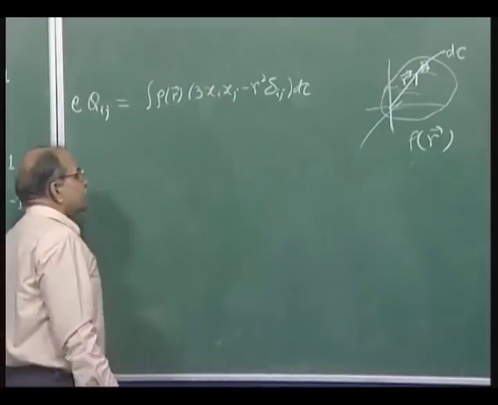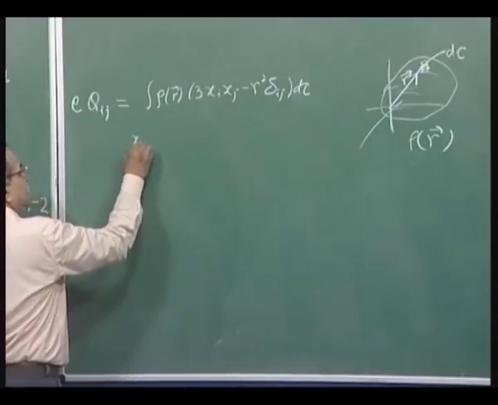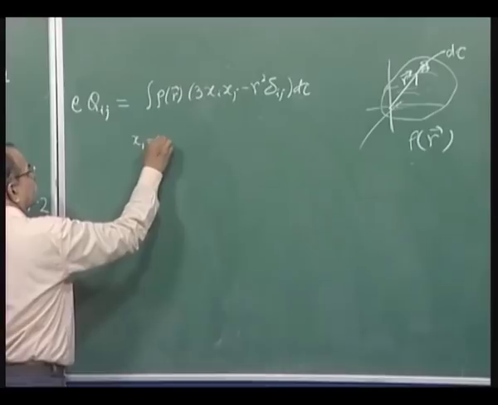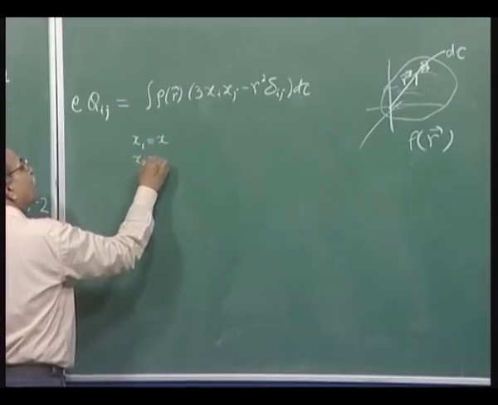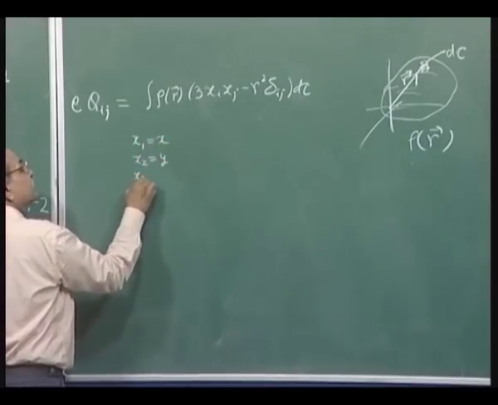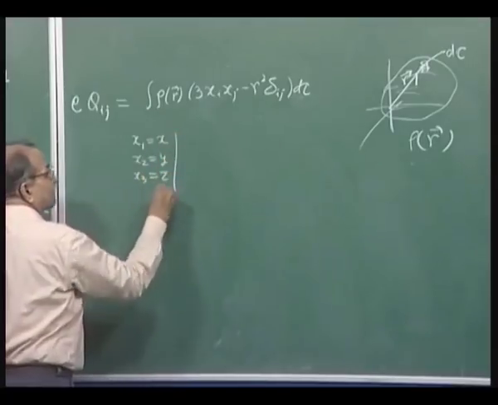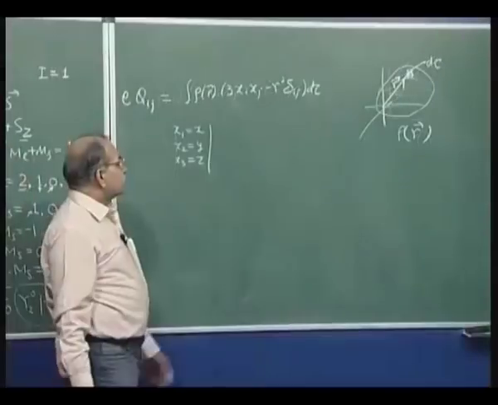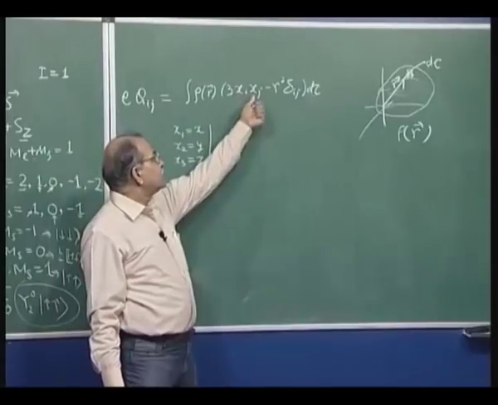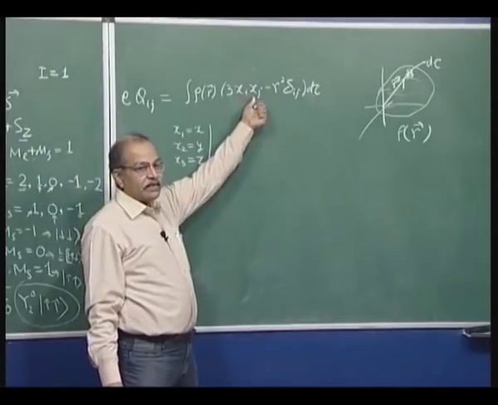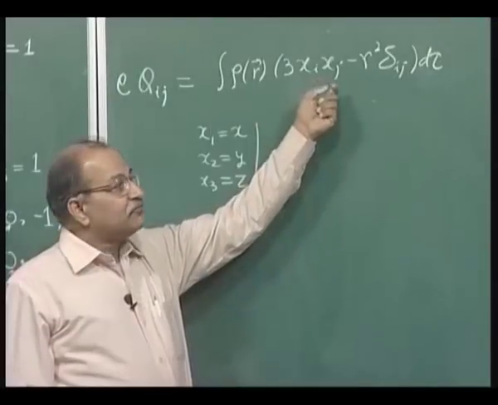Now, come to x i x j. Here x 1 means x, x 2 means y, and x 3 means z. So, x i x j are coordinates of which point?